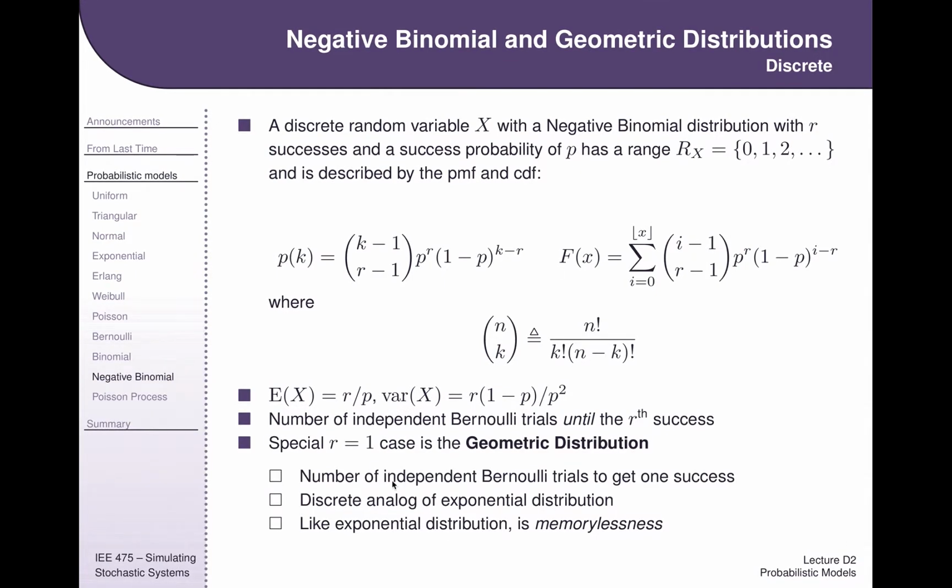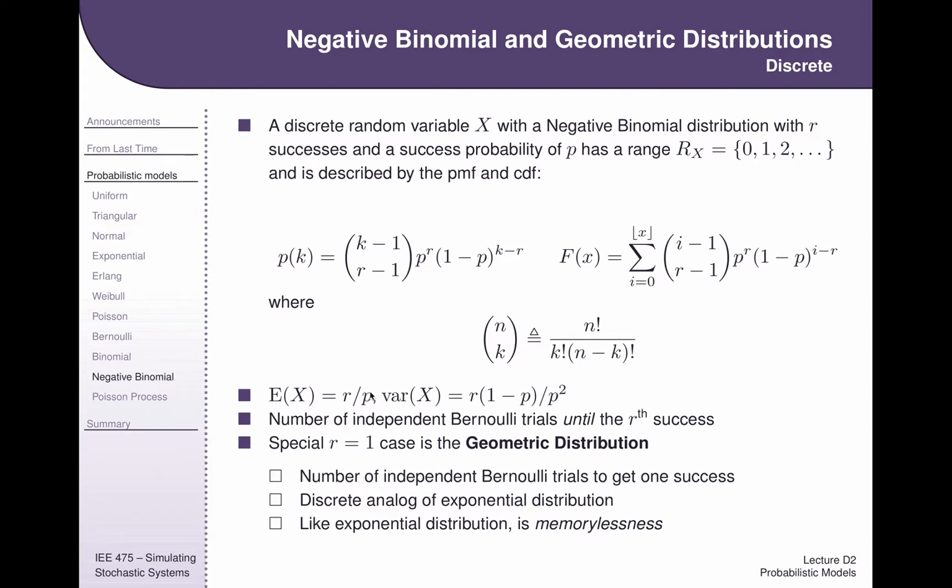There is this thing called a negative binomial, and this is basically the number of trials you need to get, if you flip a coin, how many coin flips do you need until you get a certain number of heads? They aren't necessarily in a row. If I flipped the coin 100 times and I got 5 heads, well, how many times do I need to flip it to get 10 heads?